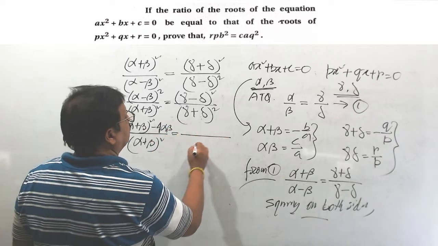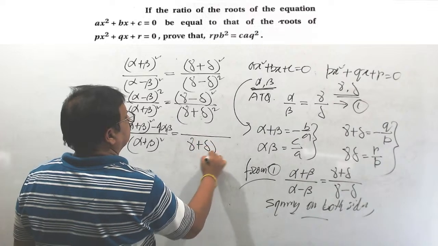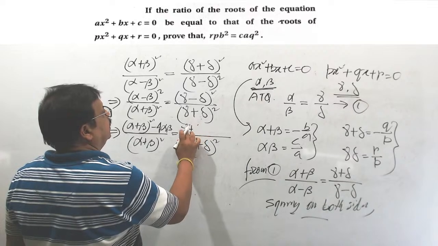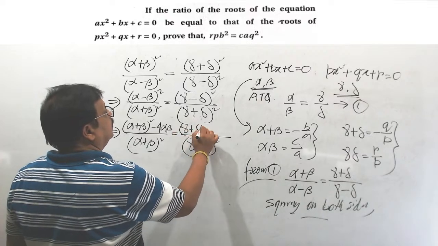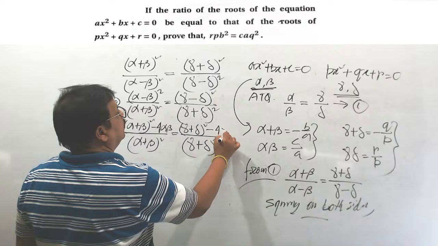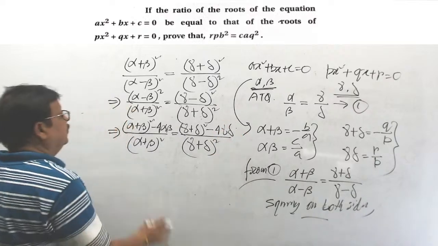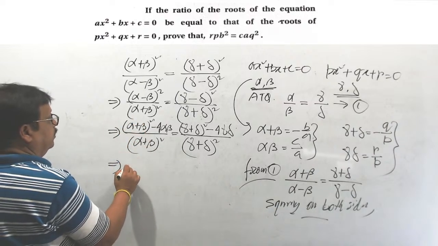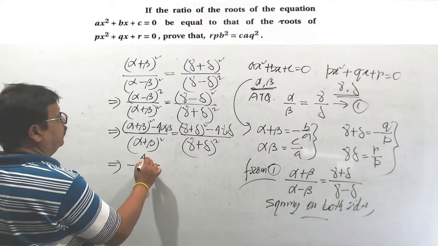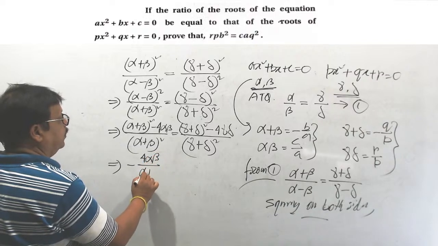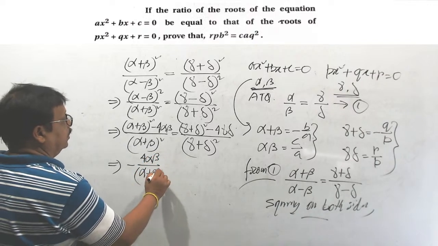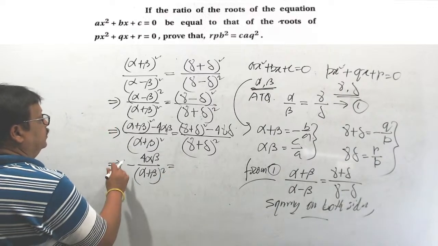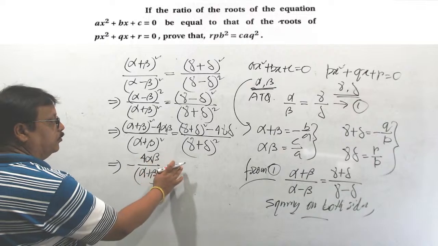Similarly, keep the other side as it is: gamma plus delta whole square minus 4 gamma delta. Split it. This will be cancelled, leaving minus 4 alpha beta by alpha plus beta whole square, and this equals 1 minus 4 gamma delta by gamma plus delta whole square. Both sides have 1.